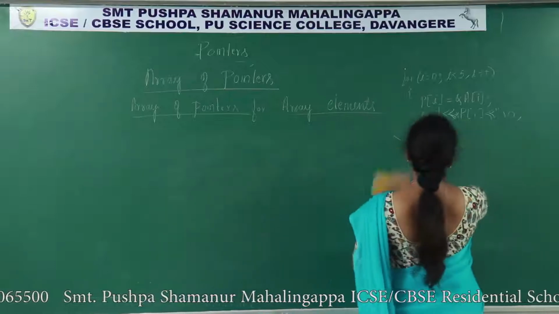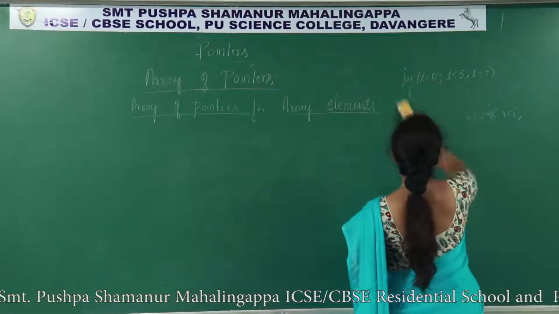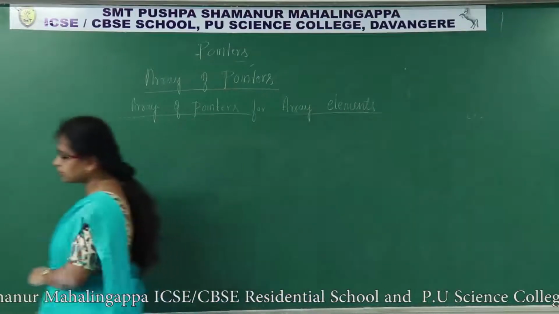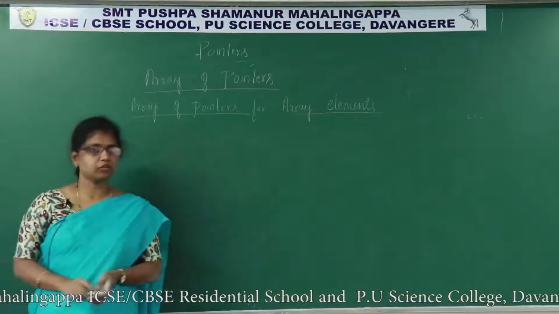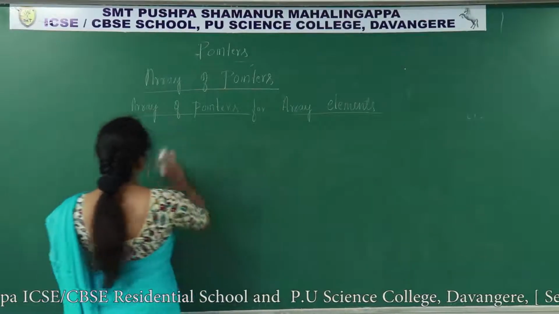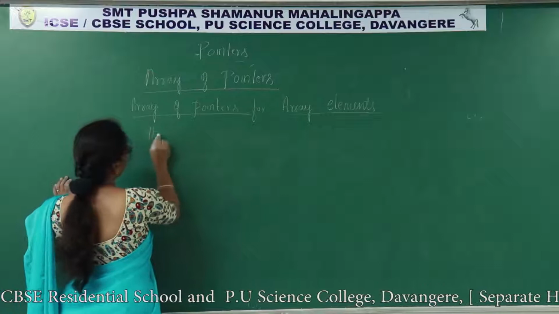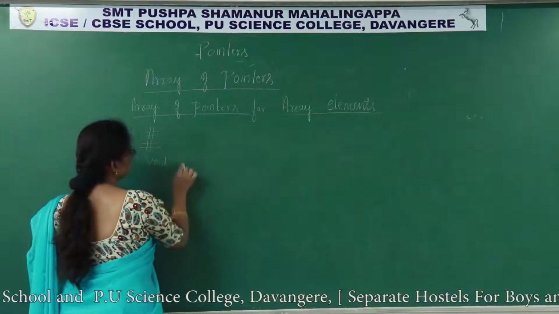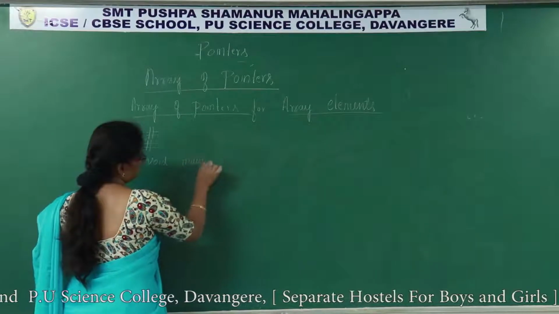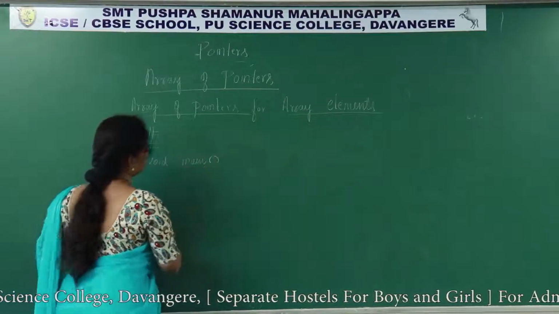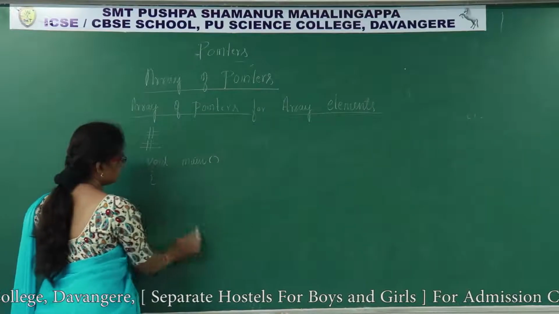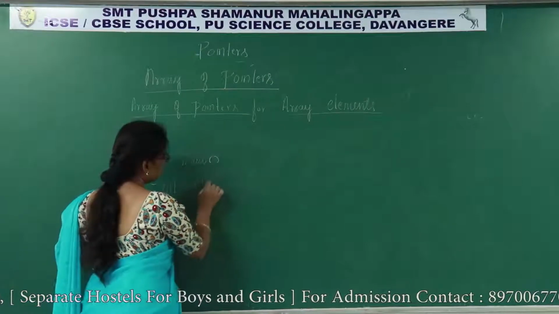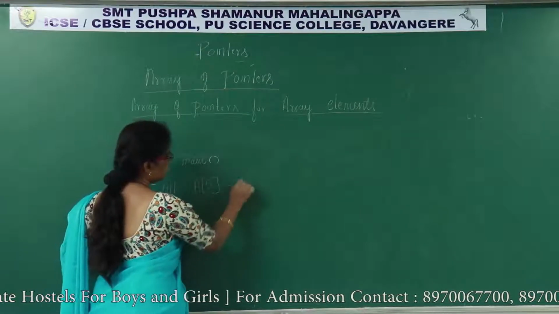In this example, I read array elements using the array name itself and displayed them using an array of pointers. You can also read array elements using an array of pointers. Header files: hash include iostream, hash include conio, void main, int a of 5, star P of 5.